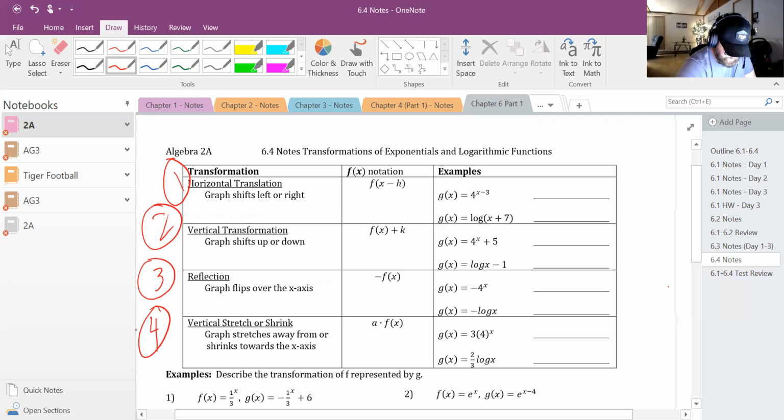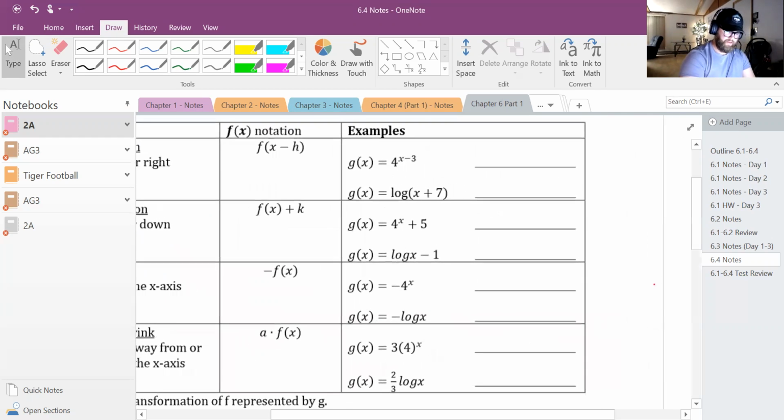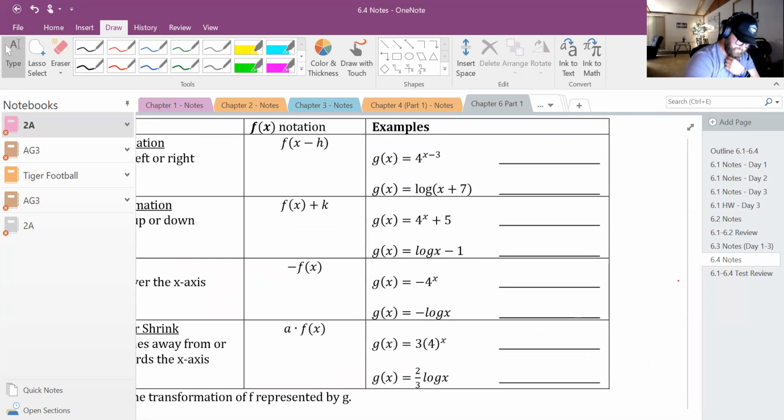Okay? So the only thing that's different about the horizontal translations and vertical is we need to figure out what the actual function is. So remember, we have f of x minus h is horizontal. And remember, it's opposite of how our brain thinks, right? So x minus 3 is actually which way? Right or left? If it's minus, your brain thinks left, but it's actually right. It's right 3 units.